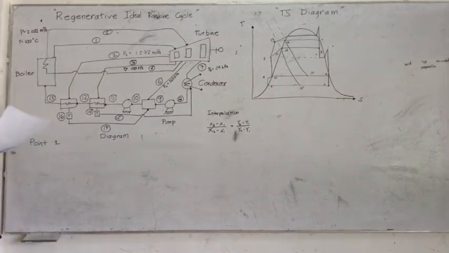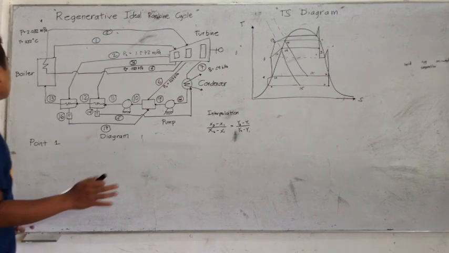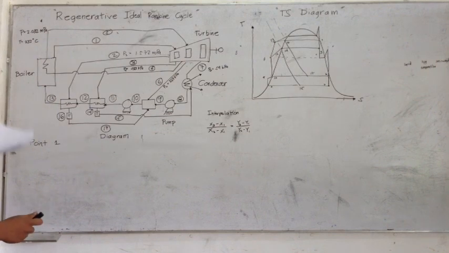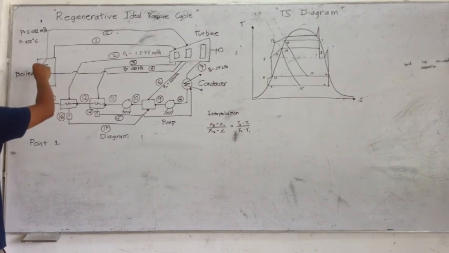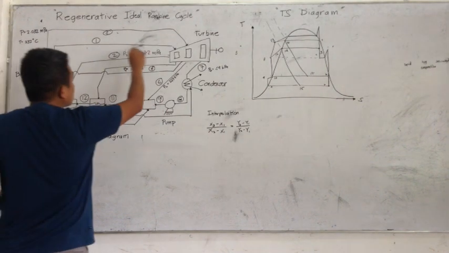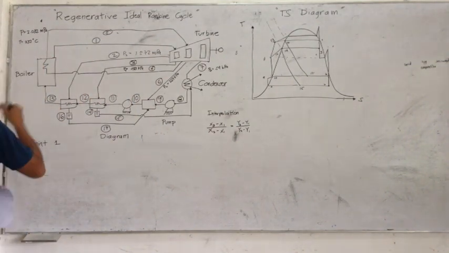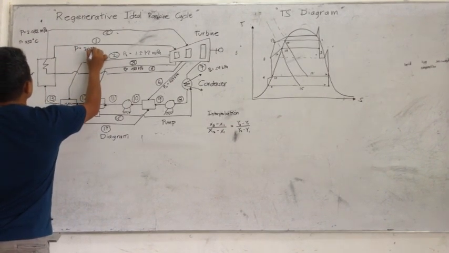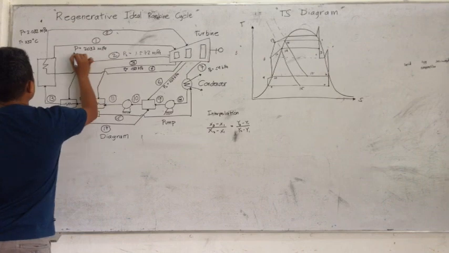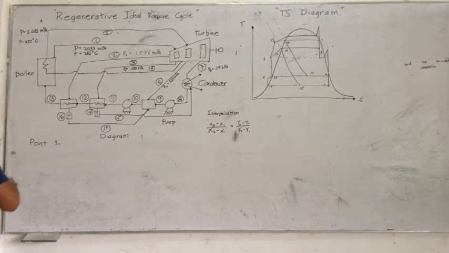So here we have a concrete example of a regenerative ideal Rankine cycle. At point 1, the boiler develops high energy, which goes into the turbine, and the pressure at point 1 is 2.032 MPa and the temperature is 232 degrees Celsius.